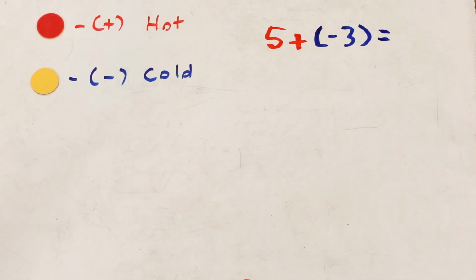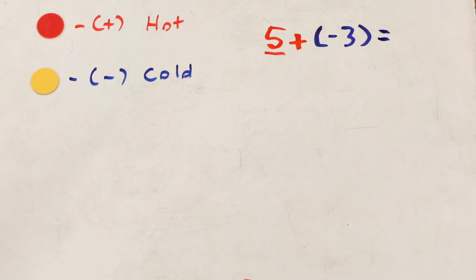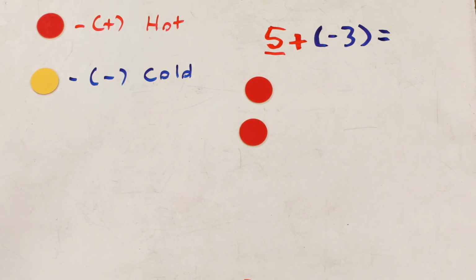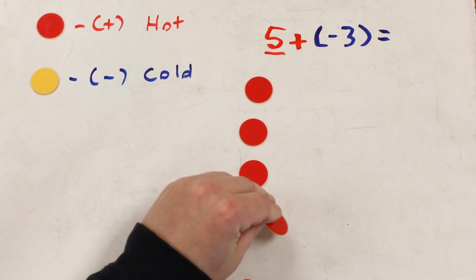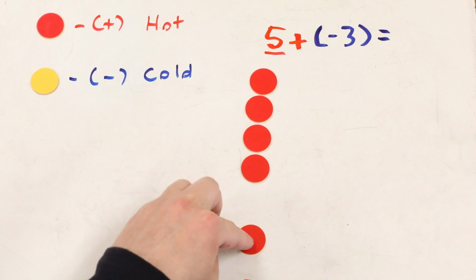And so in order to do this, we're going to start off with our first integer. So we have 5 positives. So that means I'm going to need 5 positives or 5 heats. So we have 1, 2, 3, 4, 5.